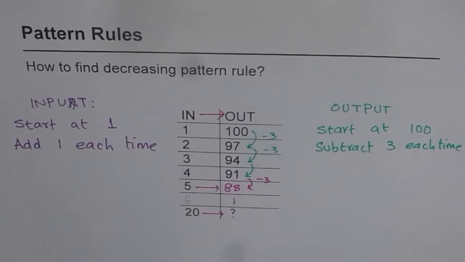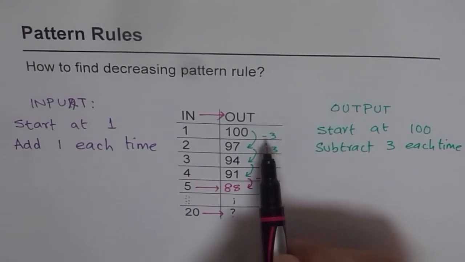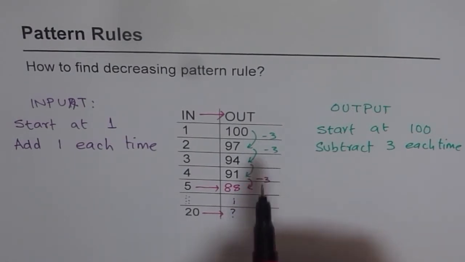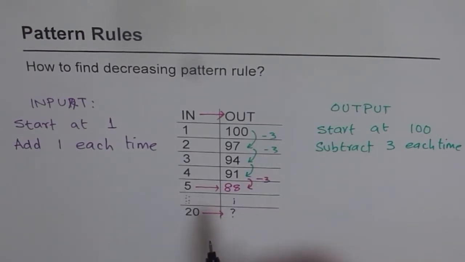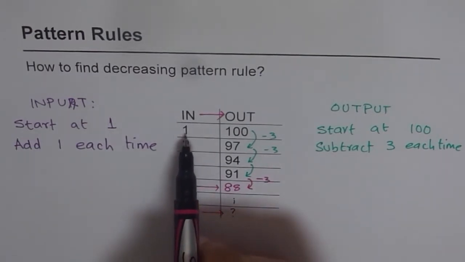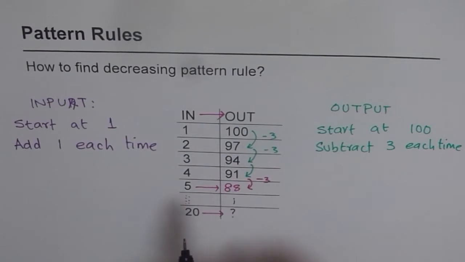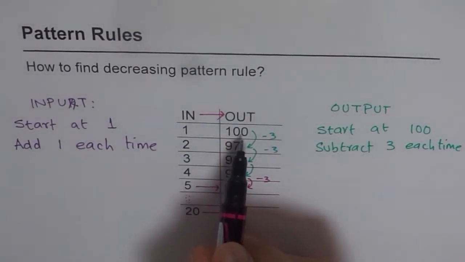Okay, so we know that our magic number here is -3. So we are taking away 3 each time. Each time means 3 should be multiplied, right? So we have to start with some number and take away 3 each time. Let us see how to get 100 as an output from an input of 1 by taking away 3. That is important. So the number should be starting with 103.